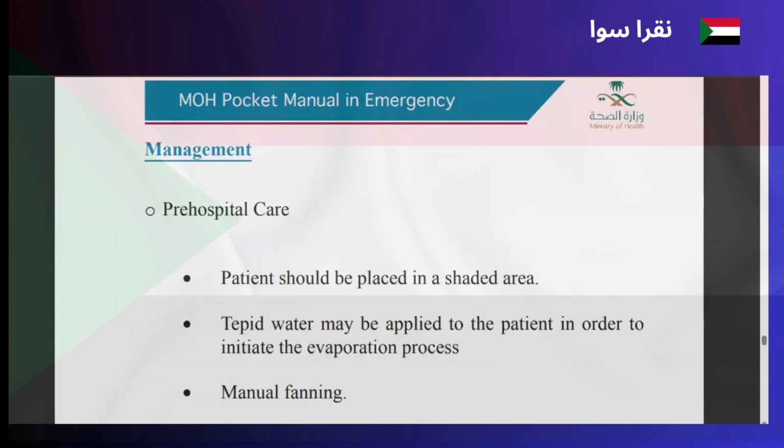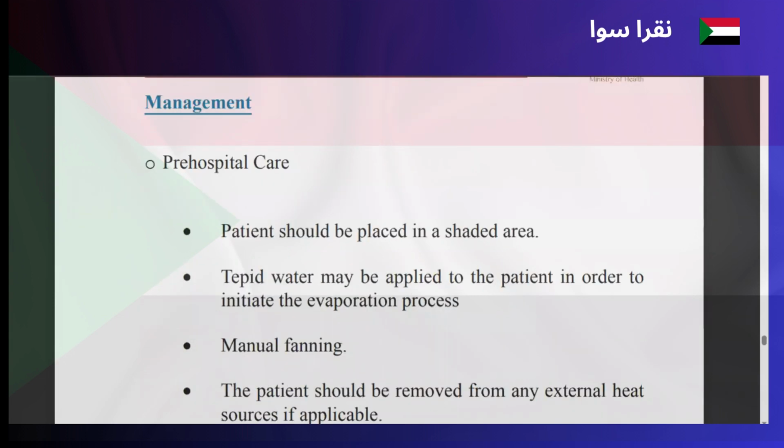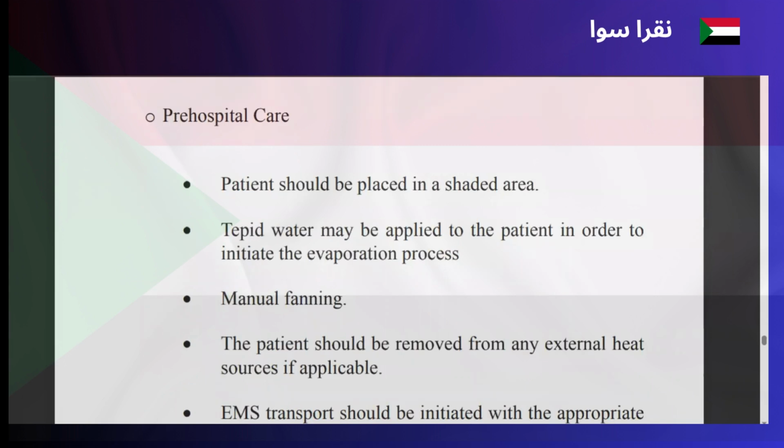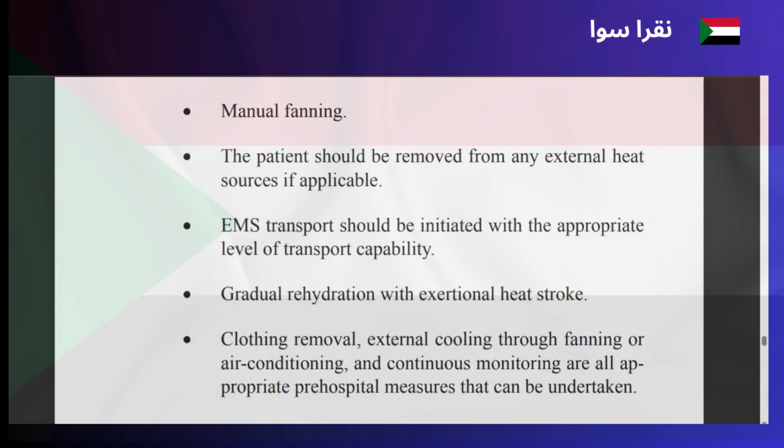The management, pre-hospital: the patient should be placed in a shaded area. Tepid water may be applied to the patient in order to initiate the evaporation process. Manual fanning. The patient should be removed from any external heat source if applicable.